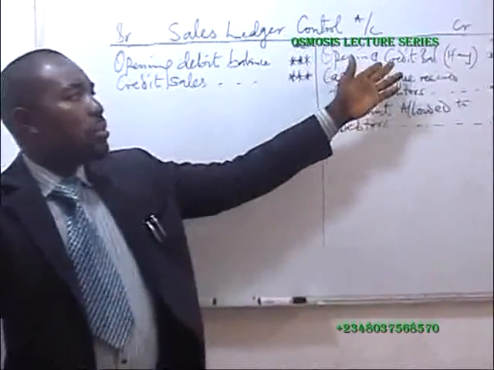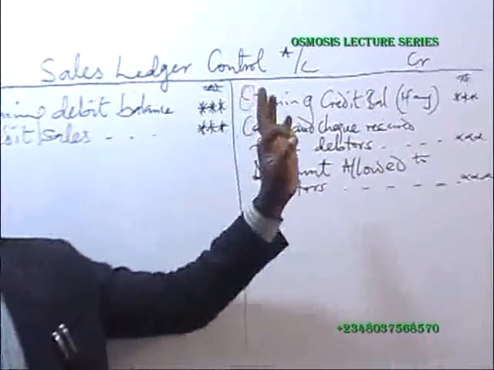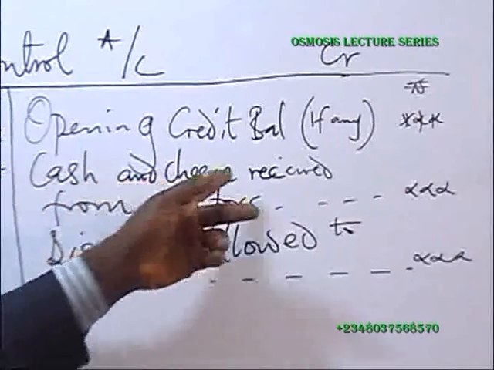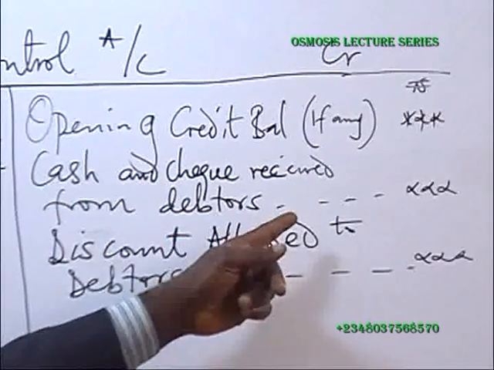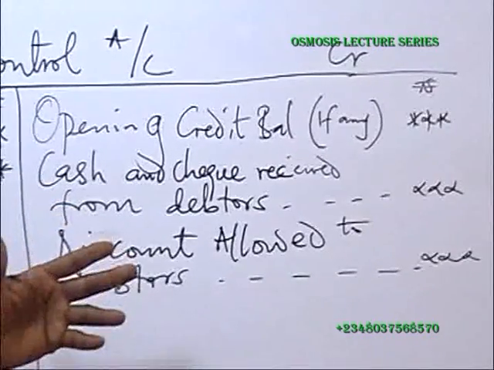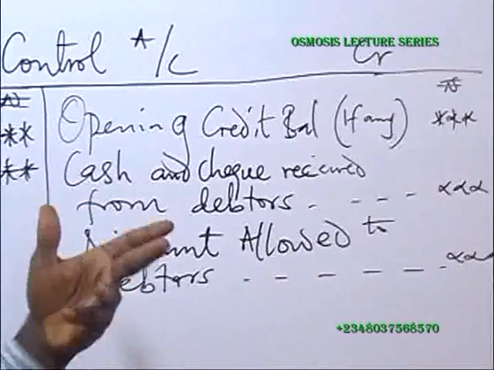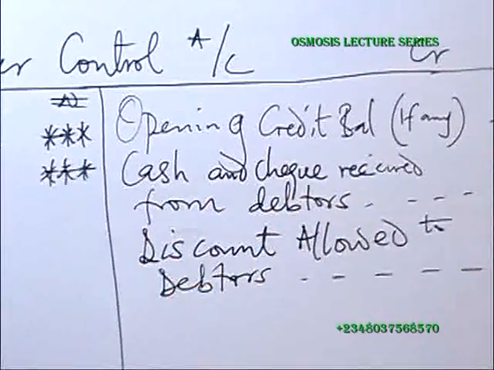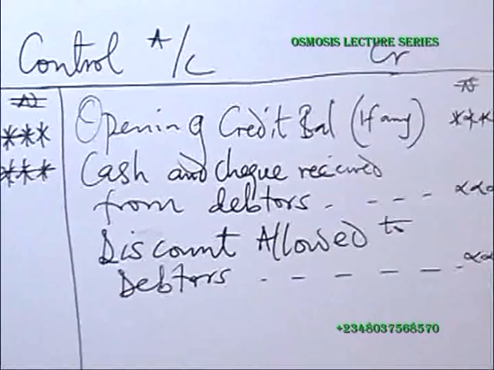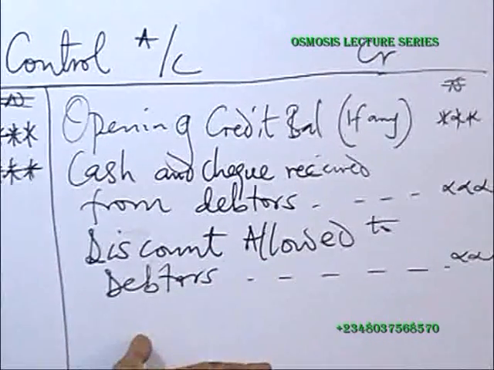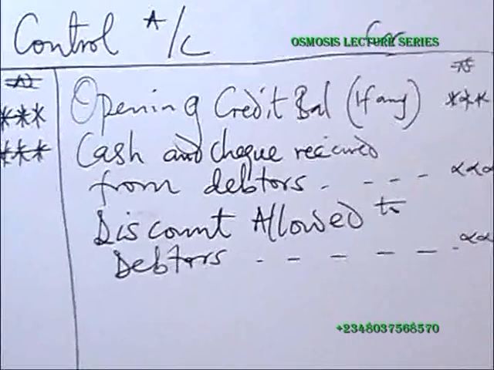We have your opening credit balance, if any, indicated there. Here we have cash and cheque received from debtors. That is to say your debtors have paid you, but they have not made full payment. So the amount you receive from them, you have to credit it so that it reduces the debt. Discount allowed to debtors is also on this side.